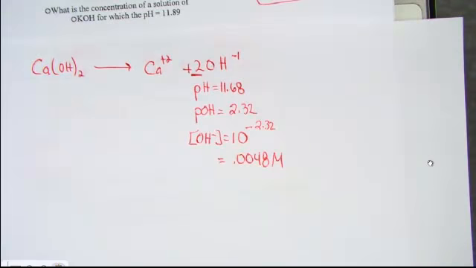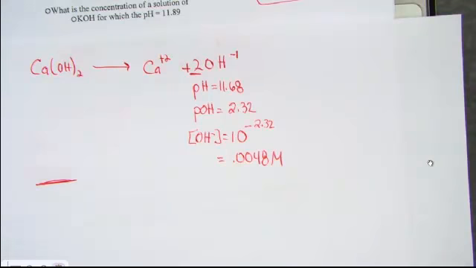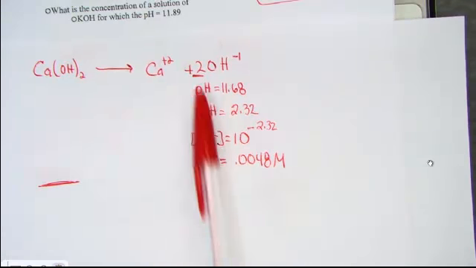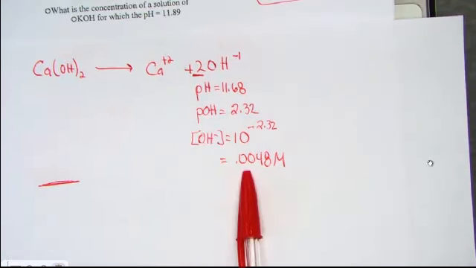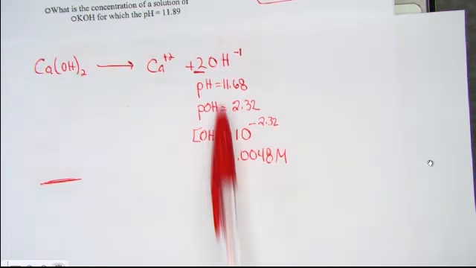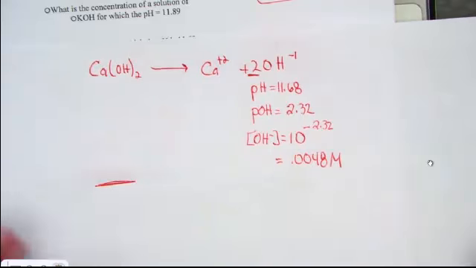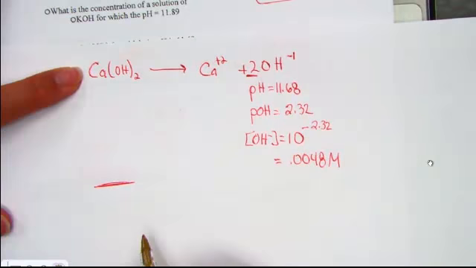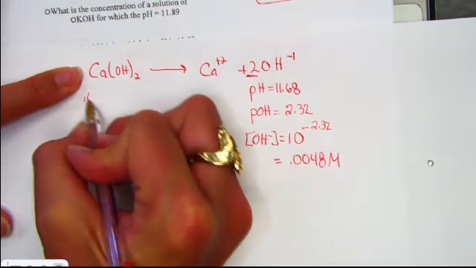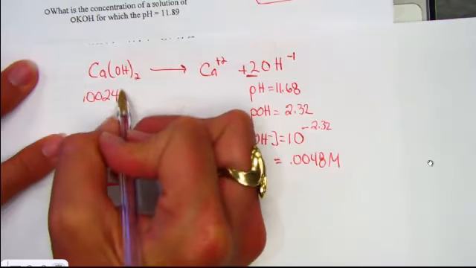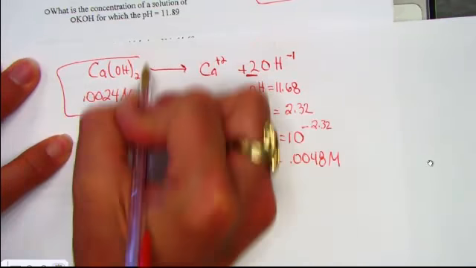Alrighty. We were asked, however, for this guy, the calcium hydroxide, so just a little stoichiometric value, 1/2 of the answer we just found, want over given, 1/2 of 0.0048. And Jesse, would you share with us the concentration of the calcium hydroxide? Excellent. And that's the answer.